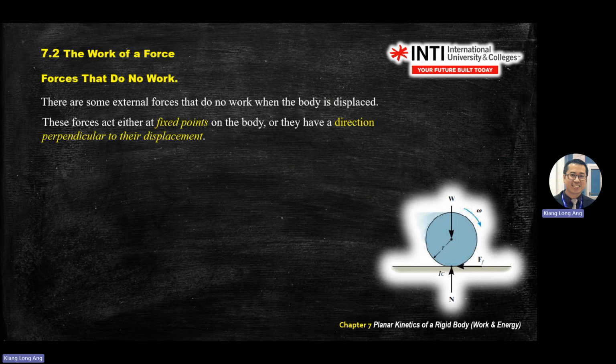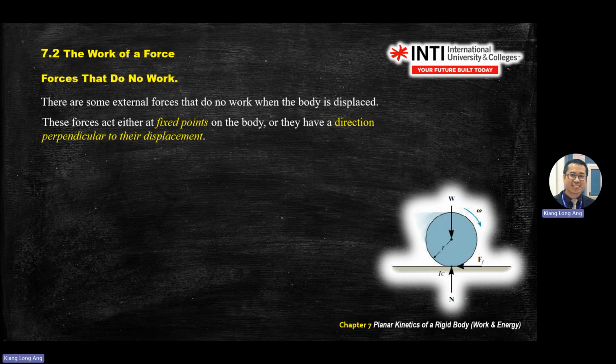This one I need to highlight: forces that do not do work. If you look at this diagram below here, does the W do work? If you have a round body, does the W do work? Why? It's perpendicular.